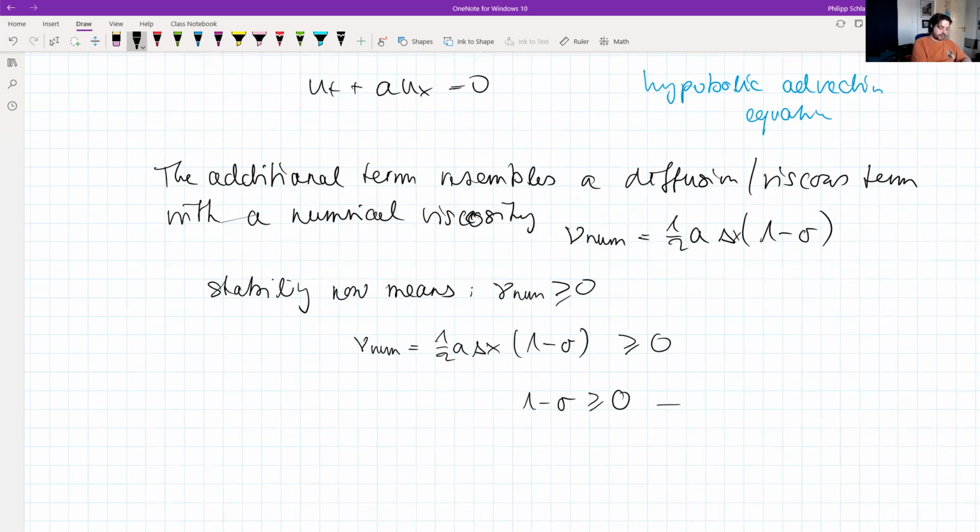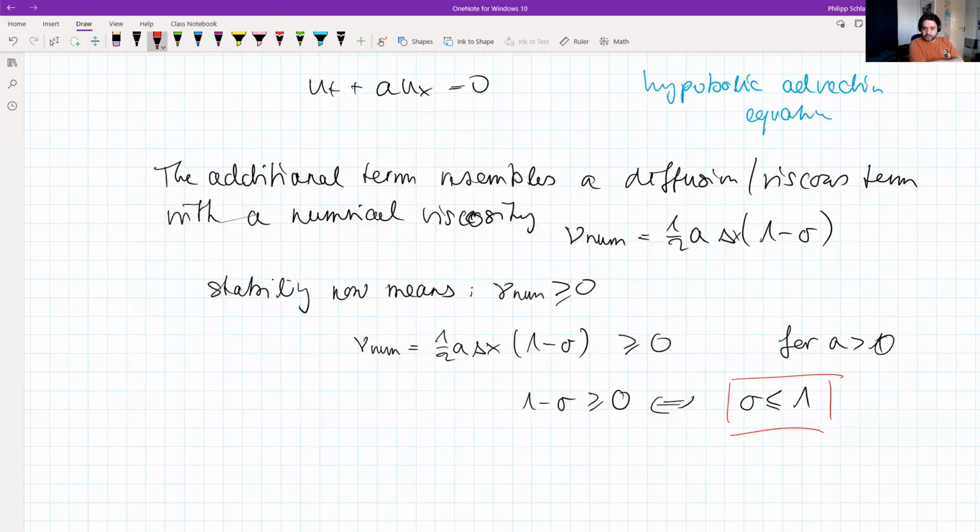And this just means that sigma is lower equal 1, valid for A being larger than 0. This condition we have now seen 3-4 times before. It gives me again that sigma needs to be lower equal 1 so I get a positive numerical viscosity, which I need for stability.